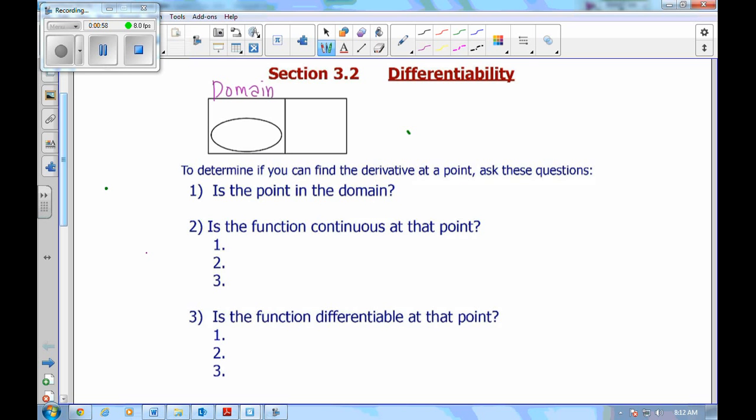So we have to be looking at every point of its domain, which means we need some continuous points. If we have continuous points on the domain, then it is differentiable.